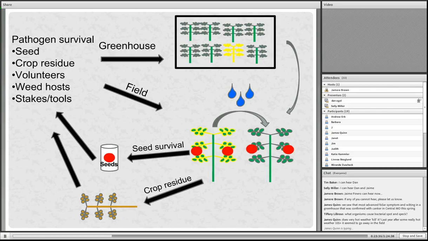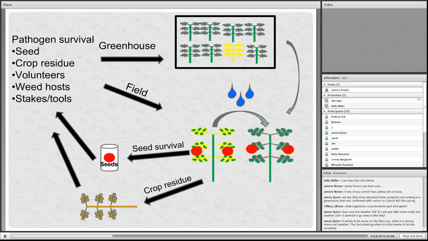And either way, once you have a diseased plant, you have the seeds that are in that tomato, whether it's surviving as culls in the field, and you get volunteers, you saved your seeds, or you purchase or sell seeds, the bacterium can be transmitted in the seeds. Also, the disease cycle can be continued in crop residue. That dead plant can spread it to next year or a couple years down the road, especially if it's not tilled under.